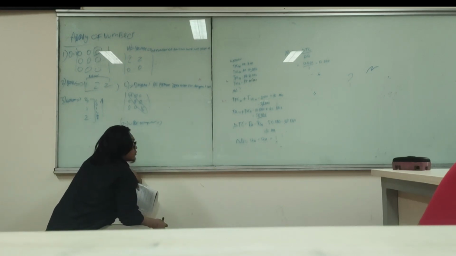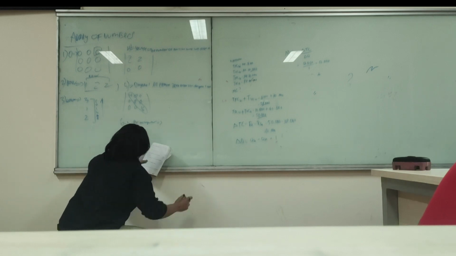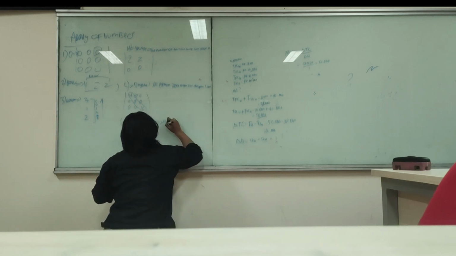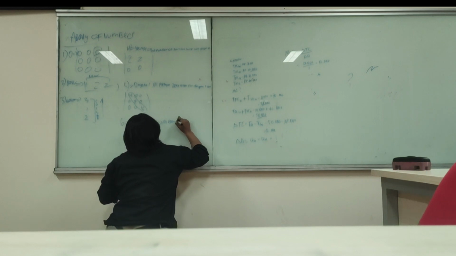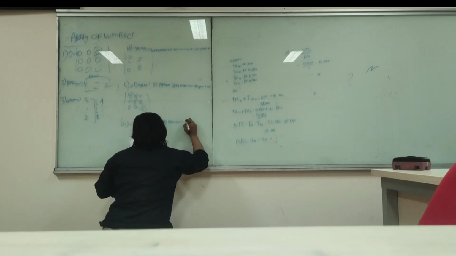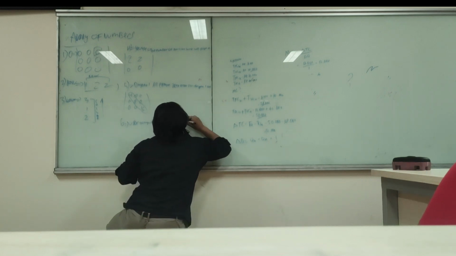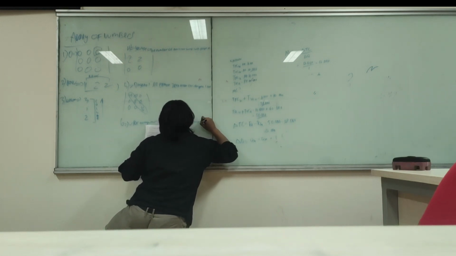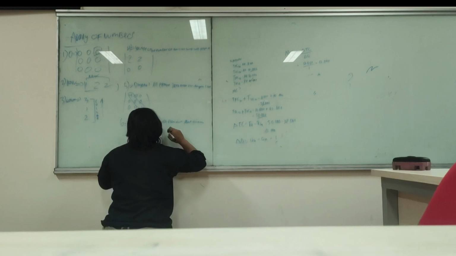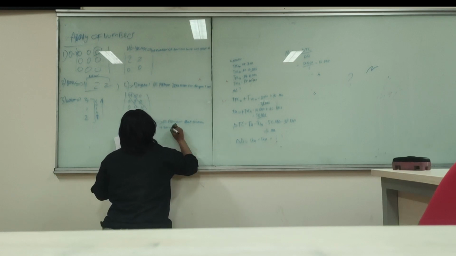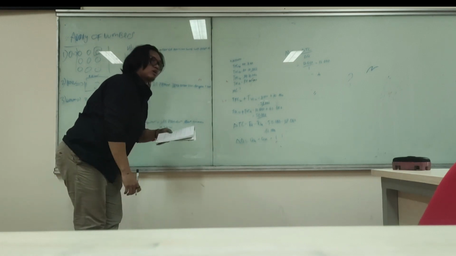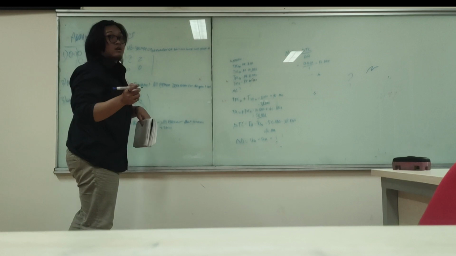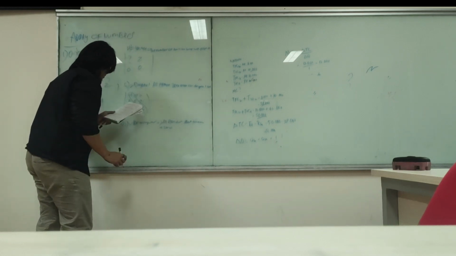How can I put it in words? All elements below the main diagonal are 0. I'm very bad with words, but I'm going to show an example, okay?